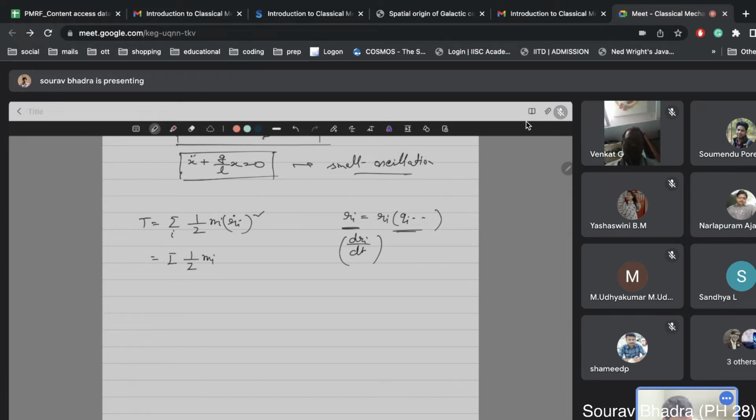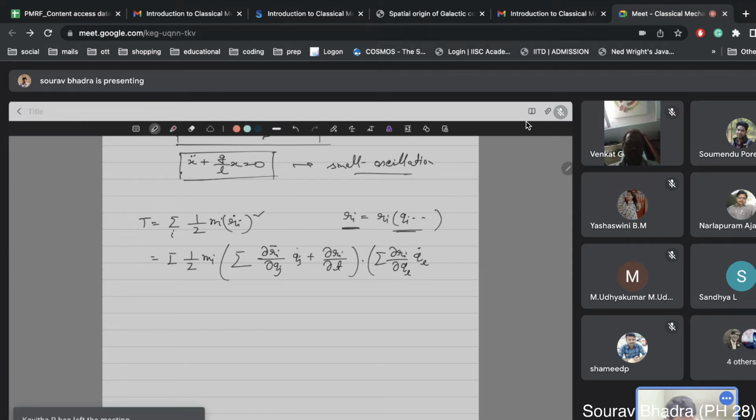If you put the r_i dot in terms of q, that will give you del r_i del q_j dot, del r_i del q_l dot, product with the same thing, but here we will not use j, we will use l.